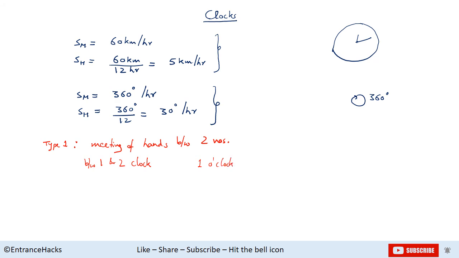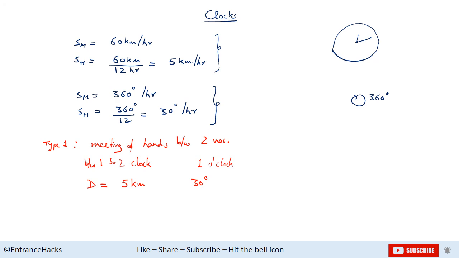Right. So the relative distance between 1 and 2 is 5 kilometers, or 30 degrees. So distance is equal to 5 kilometers, or in terms of degrees 30 degrees, right?